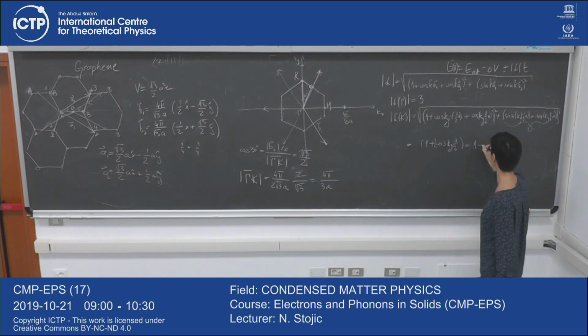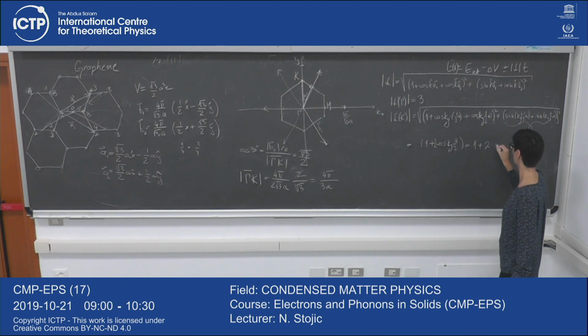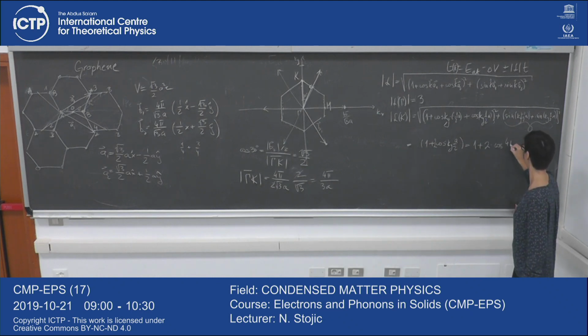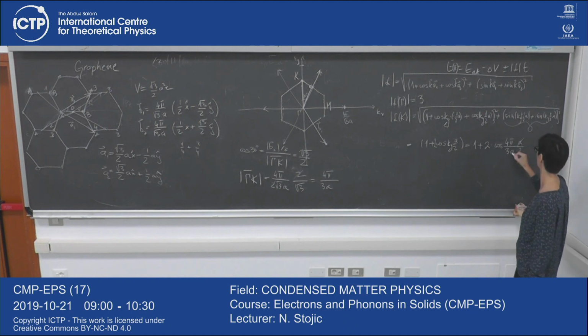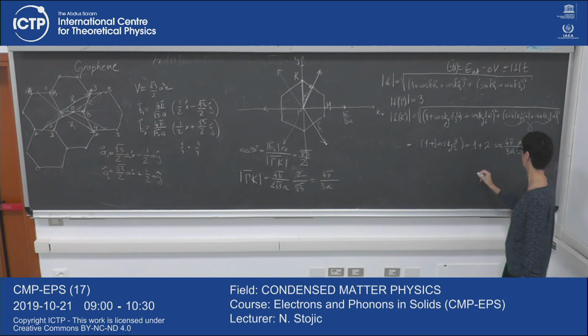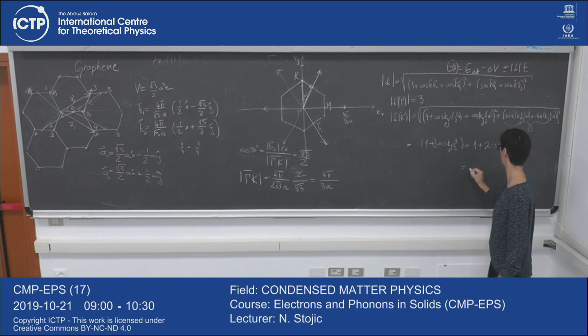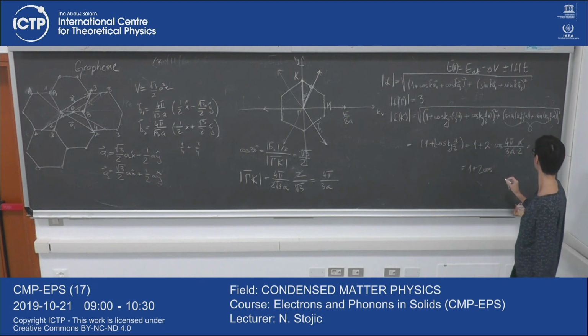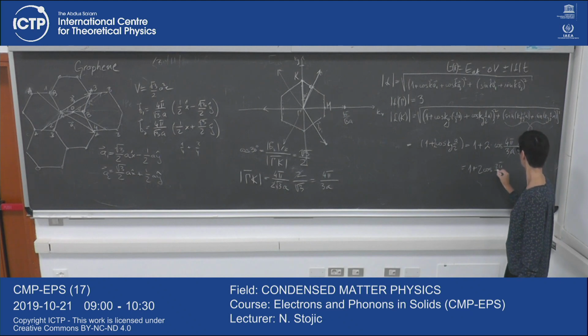So we have 1 plus 2 times cosine of 4 pi over 3a, put that times a times 2. 2 pi over 3.